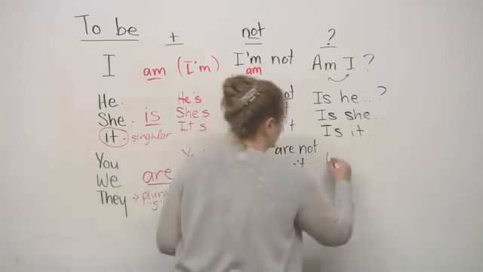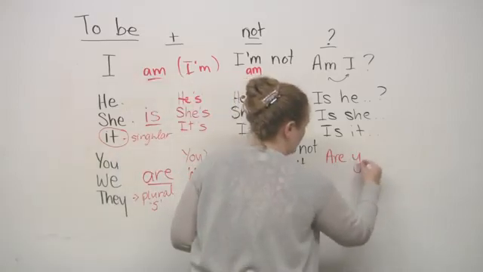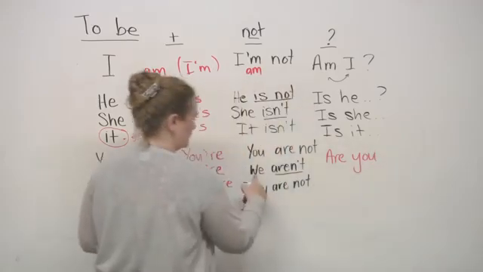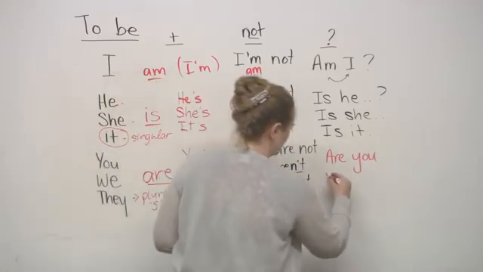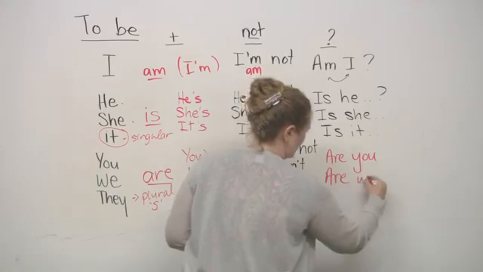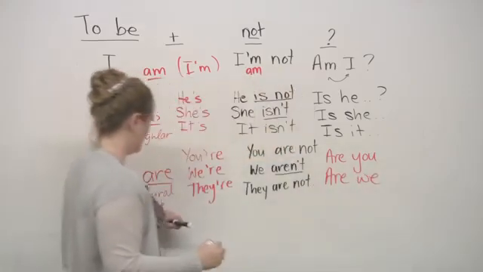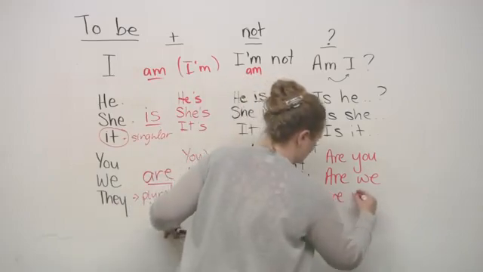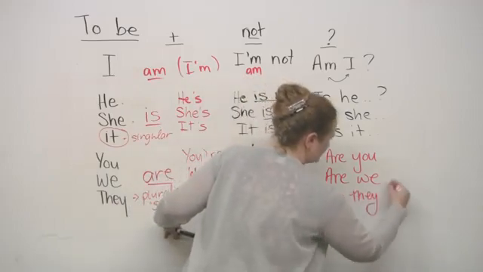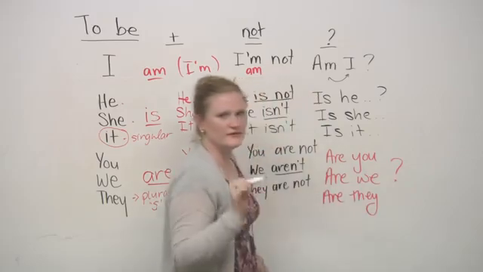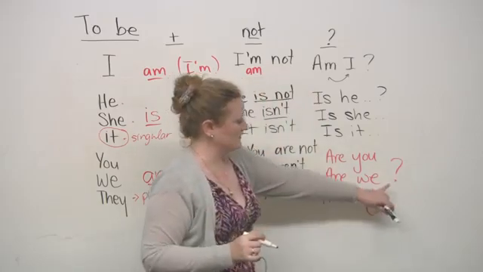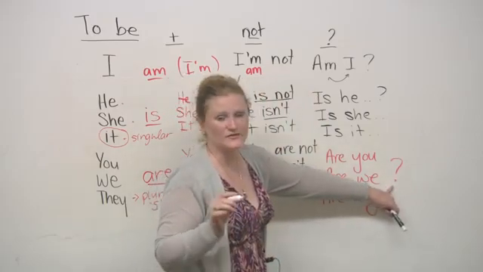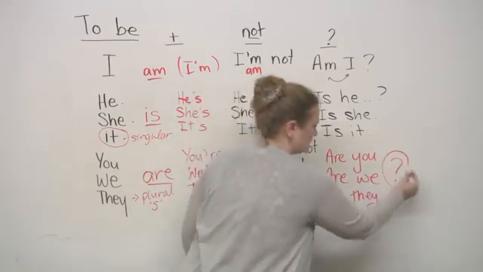This one would be, are you? We are would be, are we? And plural noun, they are, would be, are they?